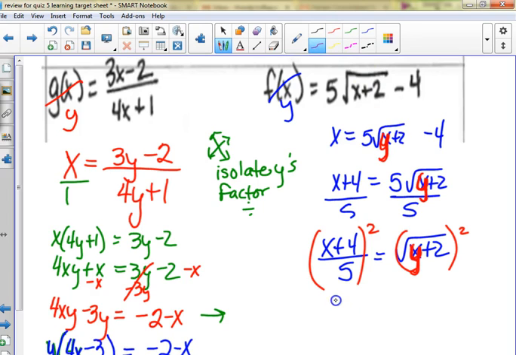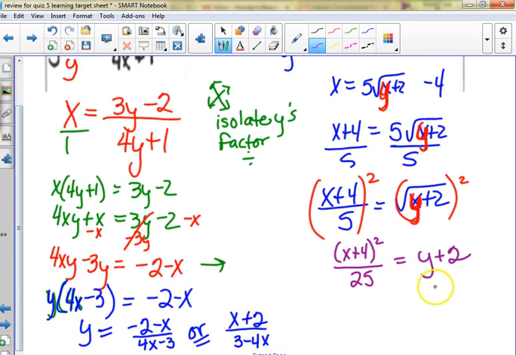All right. What I'm saying about me being nice is I'm okay if you don't FOIL this all out. Let's just leave it x plus 4 squared. I suppose you could even leave the 5, but what could we write in the denominator? 25? Could we at least square that and get rid of the squared? What's left over here is a y plus 2, so we would still need to subtract 2 would be a good plan.